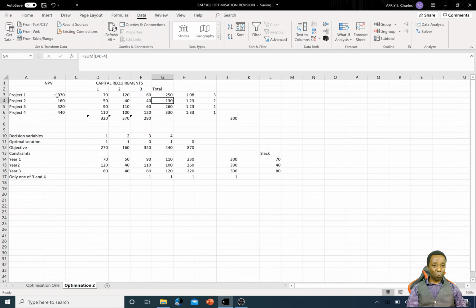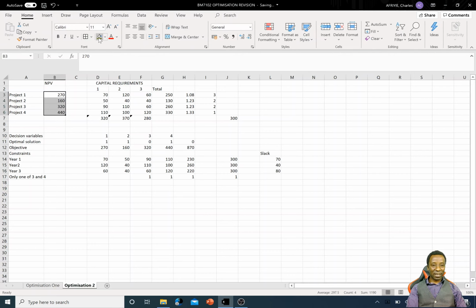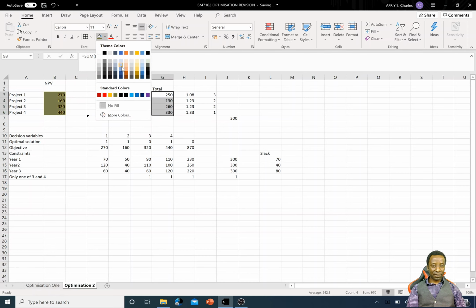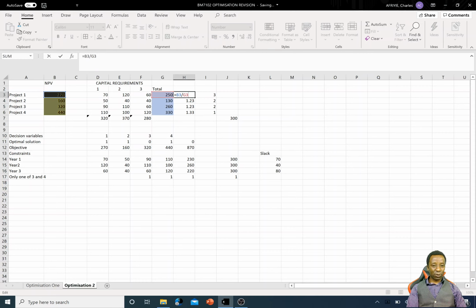This is the output, and these are the inputs, the monies we are committing. So we can find the return, or the productivity or efficiency, by dividing what comes out by what goes in. If we did that for each of these 4 projects, we can see the returns like that.